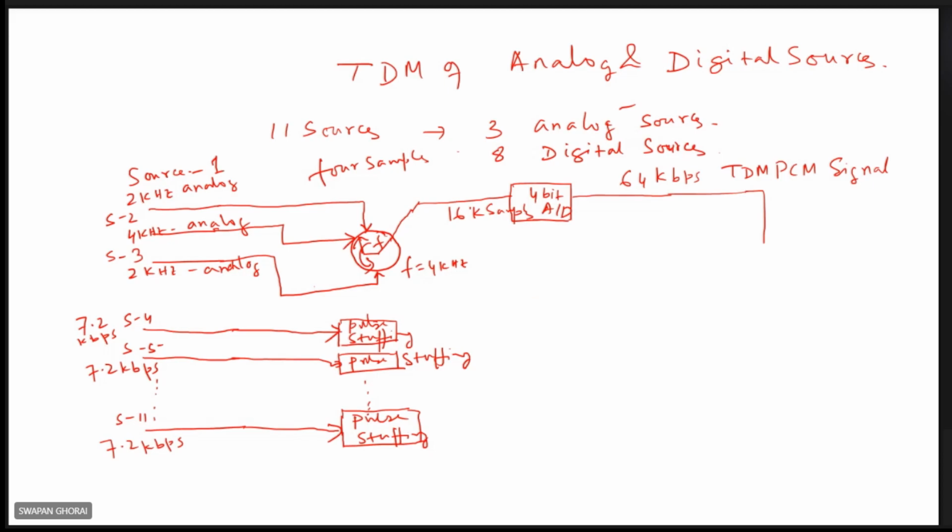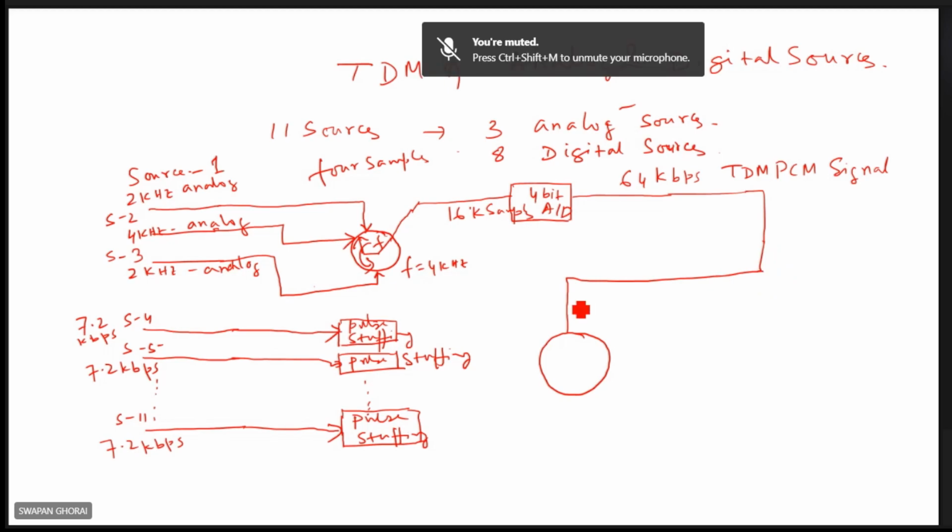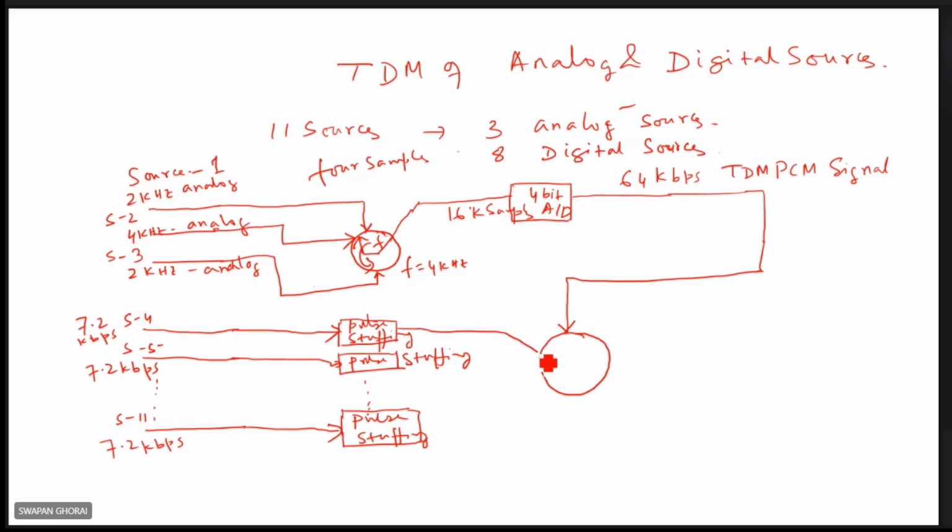The total aggregate data rate will be obtained through the scan operation. This is one digital source of 64 kbps. Next one is 8 kbps, this is 8 kbps, this is also 8 kbps.